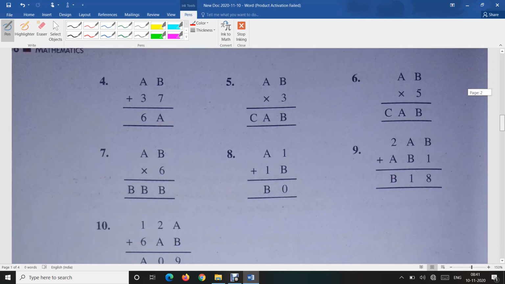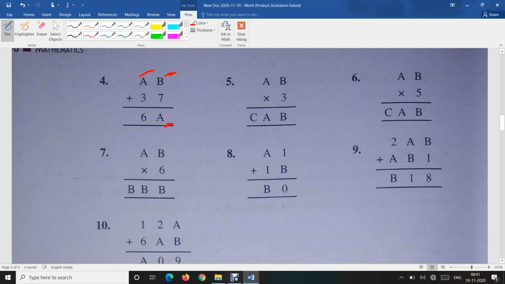Now let's see the next question, which is question number 4. AB 37 6a. Then how can you replace it? So let us try. Here you have b and here you have a. Also here you have a.